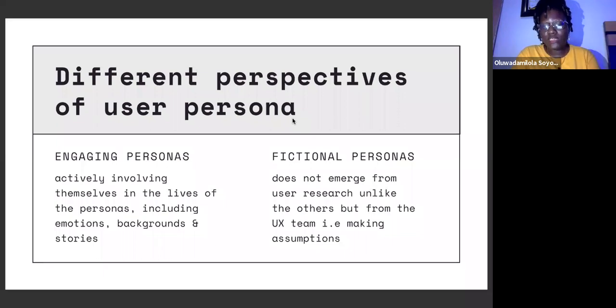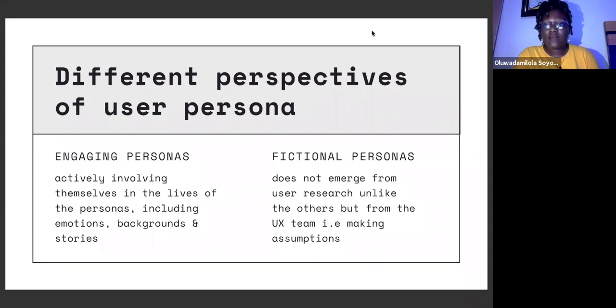What would their age range look like? What would their location be like? Some of these things you should be able to come up with, and you shouldn't run out of ideas, even if you're making them from your imagination, so you're assuming. As a UX designer, a product designer, you should be able to ideate and think of as many as possible.